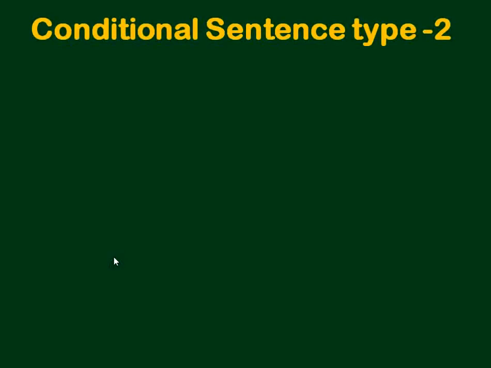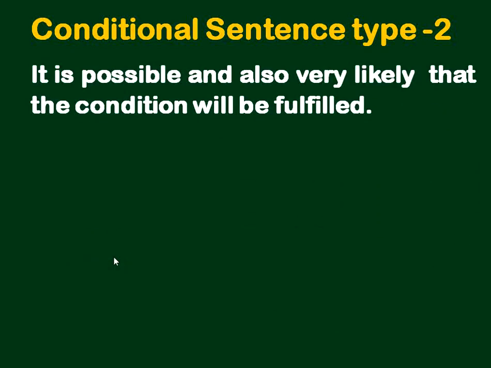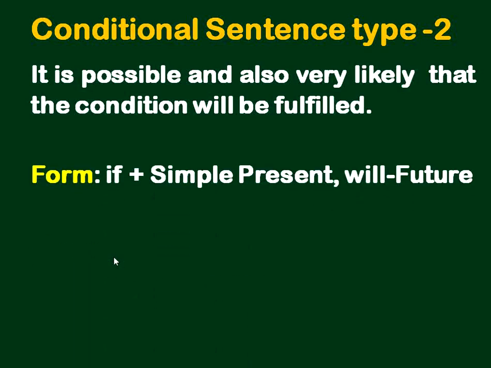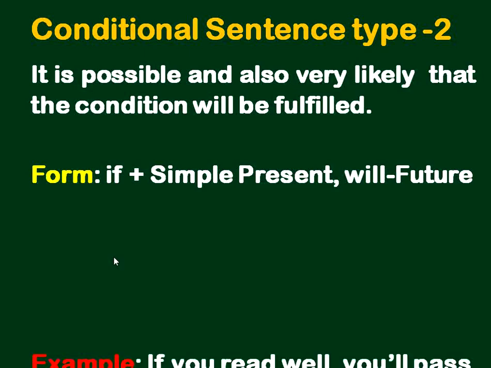And this is second conditional, type 2. We use this second conditional or type 2 when it is possible and also very likely that the condition will be fulfilled. The form is like this. If plus simple present, means if clause has simple present tense and the main clause will have the future tense with will.